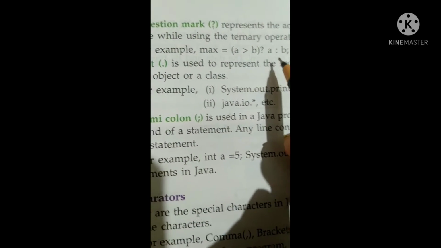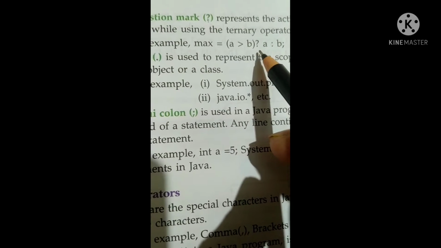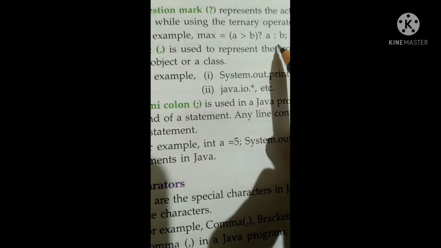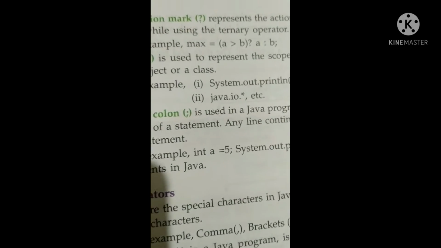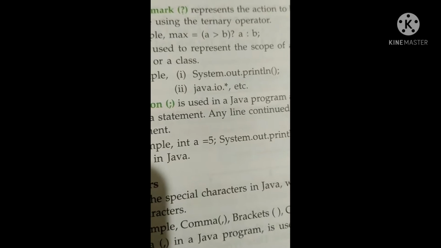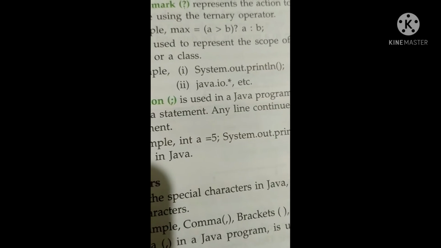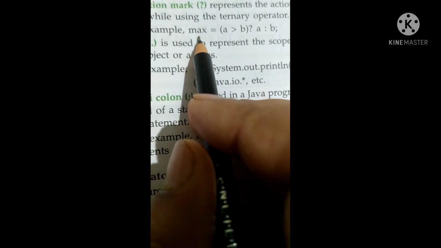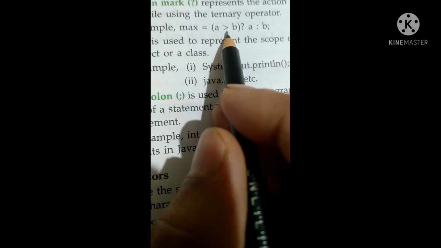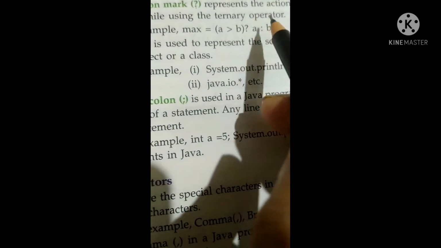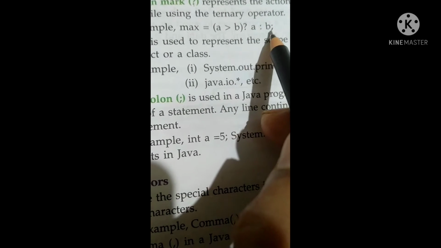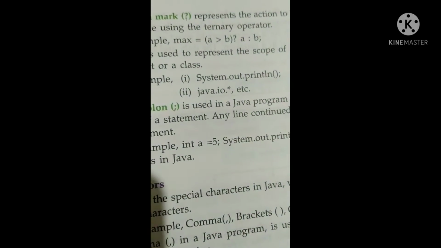When we compare two things, either an if else statement or the ternary operator can solve problems like which number is the greatest, or who is taller between two boys. For example, max is a variable, max equal to (a greater than b) question mark a colon b. If a is greater than b, then a will be the greater number.